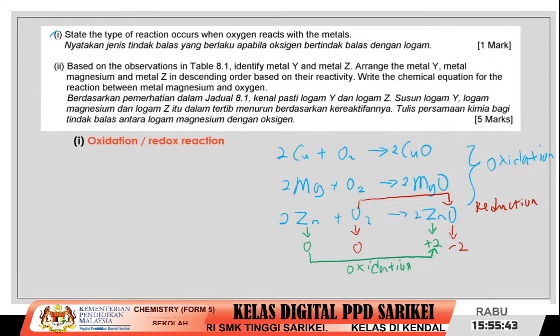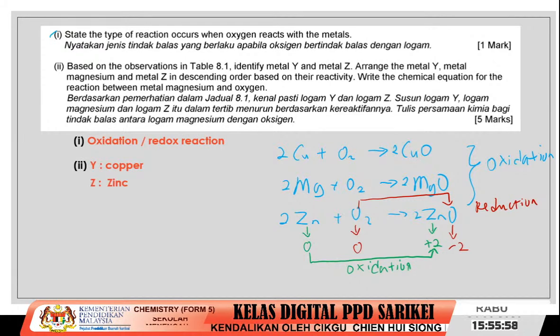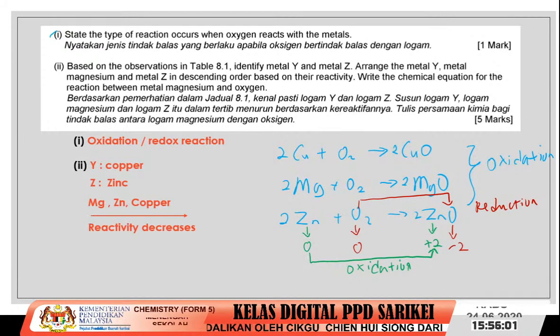Question B. Based on observation in table 8.1, identify metal Y, metal Z, and arrange metal Y, metal Z, and magnesium in descending order based on their reactivity. So metal Y is copper, Z is zinc. If we arrange in descending order, it means from the most reactive metal to the least reactive metal.